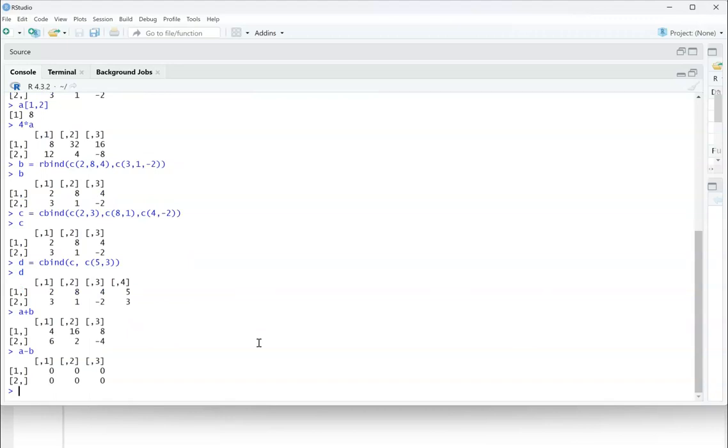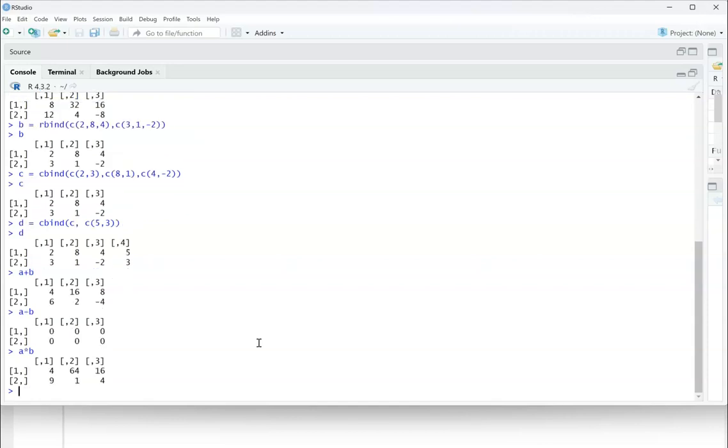What's interesting, though, is the way we defined matrix multiplication, I shouldn't be able to do A times B, right? They're both 2 by 3. However, if I just use the multiply command, it will do it. It does it as a dot product, okay? So the regular multiplication symbol is not what we want to use to multiply matrices. That's the one quirk.